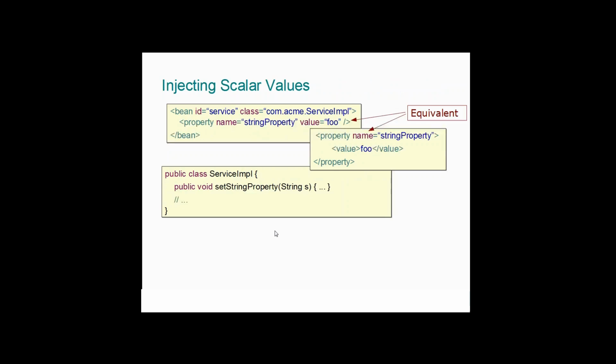Whatever we discussed so far is a reference to another object, injected either through the constructor or a setter. But if I want to inject an actual configuration value, I can do that using value. Instead of ref, I can just add value equal to whatever string you give, and that will be injected into the method.